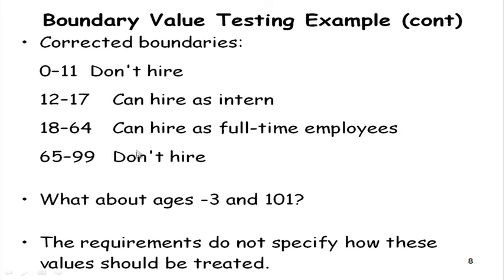So, this would have taken care of the consideration at the boundary, and in a translation to code, a programmer coding this specification will not have problem at the boundary, unless he commits mistake in the coding itself. And what we do not specify here is about the ages which exceed the boundaries here. What about -3? What about 101? So, this also need to be tested.